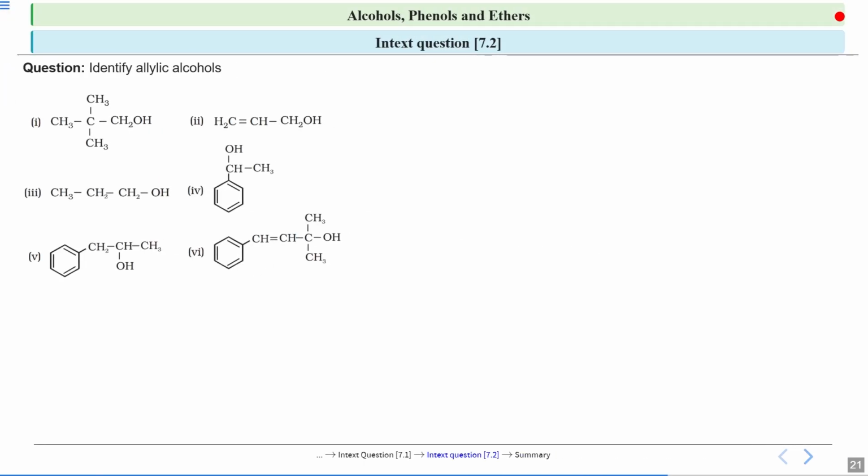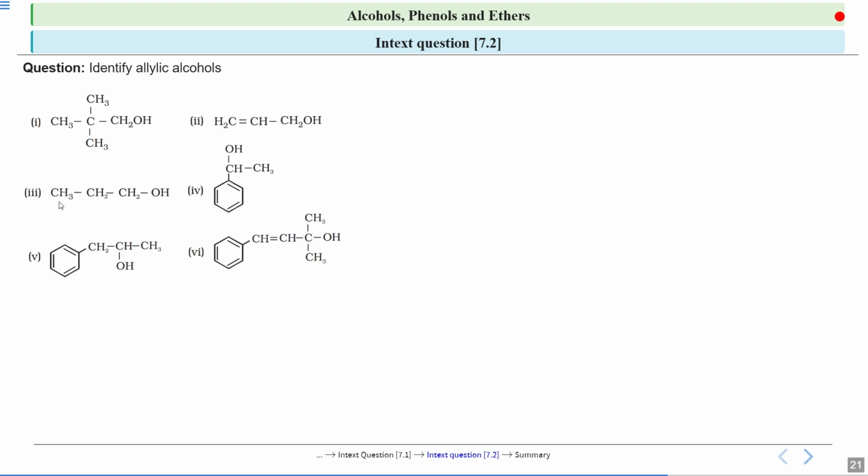Let's see the next question, text question 7.2, which is to identify the allylic alcohols. We are given six parts again. First is CH3, CH3, CH3, CH2OH. Second is CH2 double bond CH, single bond CH2OH.